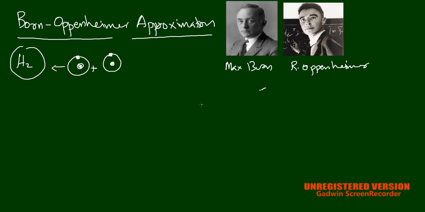We are going to learn a little bit about the simplest molecule. This is the simplest molecule because it is constituted by the two simplest atoms, the hydrogen atoms. So this hydrogen molecule is actually a four particle system. You already know that it has two nuclei.